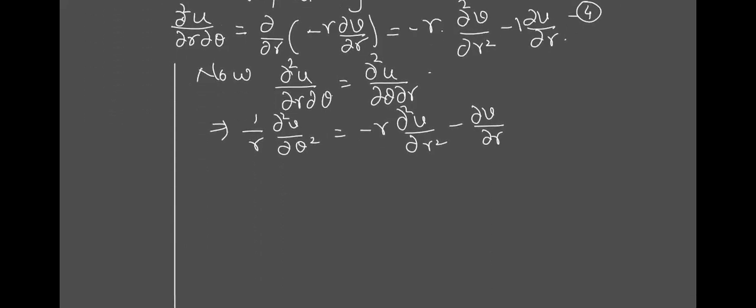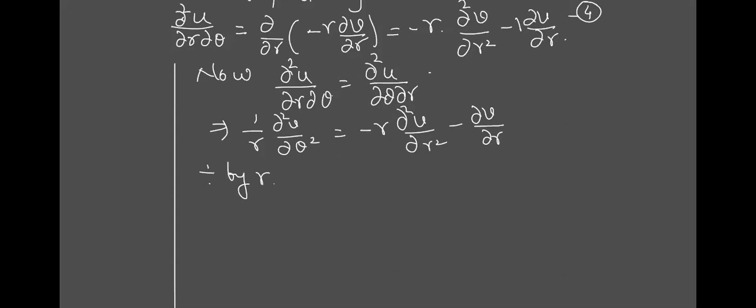Now just compare with the Laplace equation. Along with ∂²v/∂r², what should you have? You should have a plus 1. You see the Laplace equation. So this r is extra. This minus can be converted to plus if you transfer it. I don't want an r.